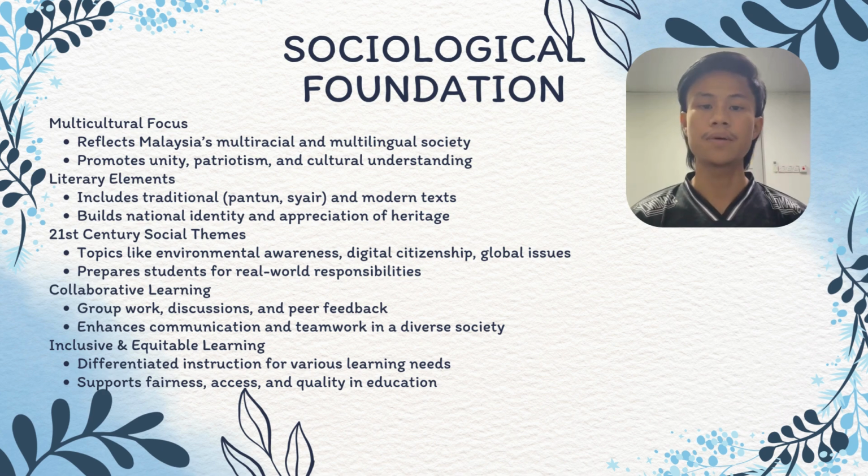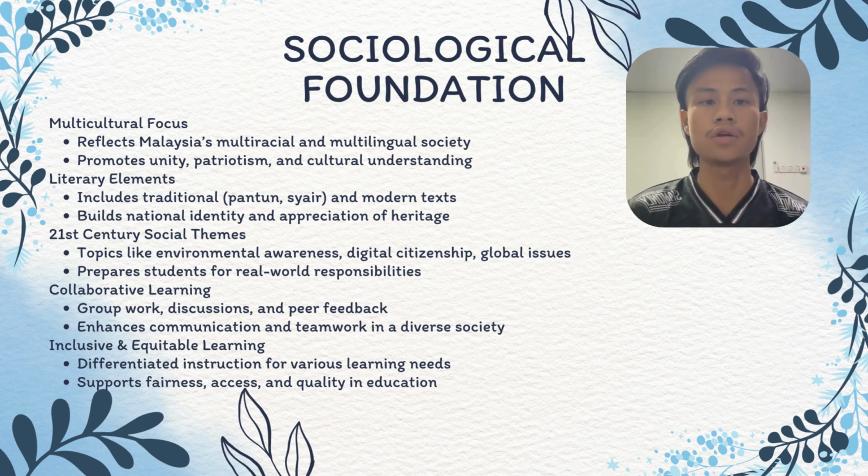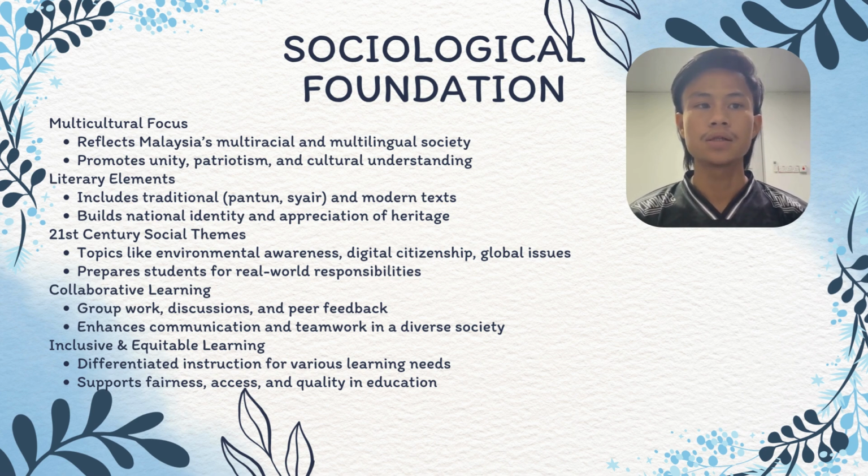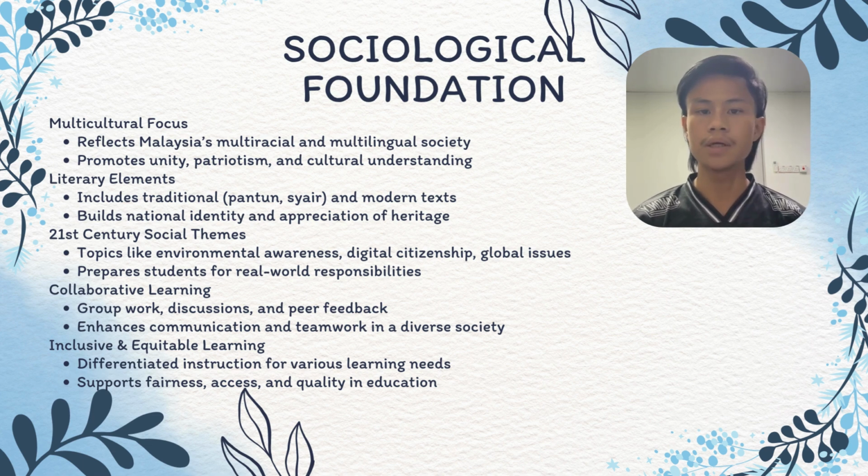Now, for the third part of the foundation in the curriculum, which is the sociological foundation, this part looks at how the curriculum supports our society. Since Malaysia is multicultural and multilingual, the Form 4 Bahasa Melayu curriculum helps build unity, patriotism, and cultural understanding.